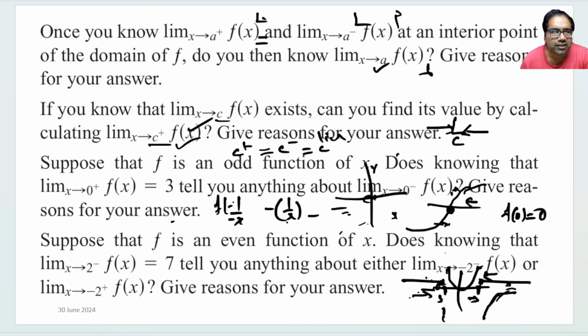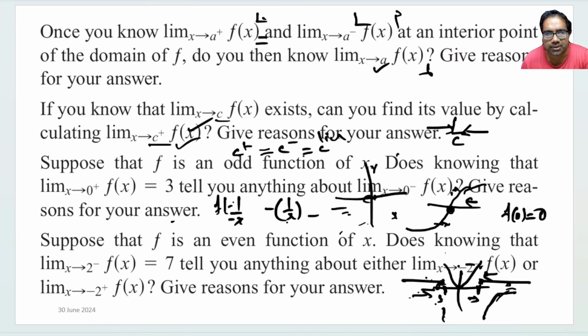So does knowing that limit x tends to 2 minus, that means we know this point, tell you anything about x tends to minus 2 minus? Minus 2 minus we don't know, but we know about minus 2 plus. Please see this carefully.